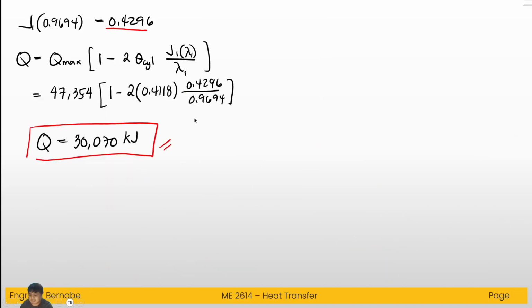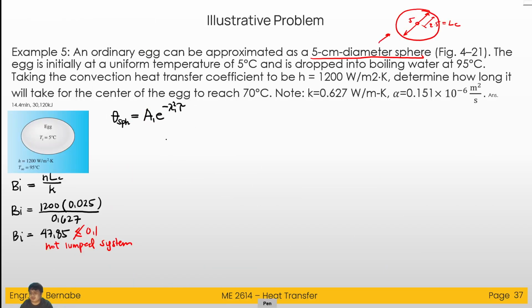Anyways, I'll just write the simple one since we are talking about the center. So the center temperature will be theta of the sphere at 0 equals A1 e raised to negative lambda squared tau.